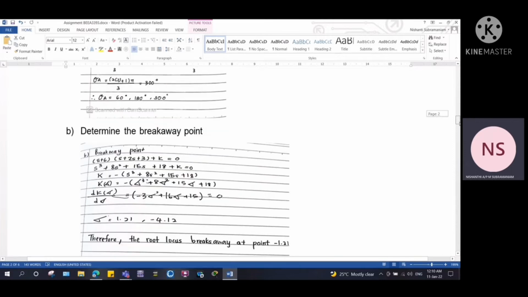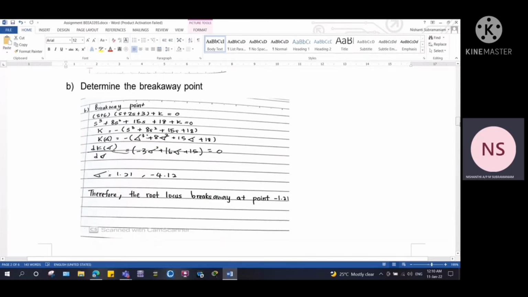Second, they asked to determine the breakaway point. For the breakaway point, we use the equation given above, and we move the K before the equals, so the equation becomes like this. Then K of alpha equals alpha cubed plus 8 alpha squared plus 15 alpha plus 18.